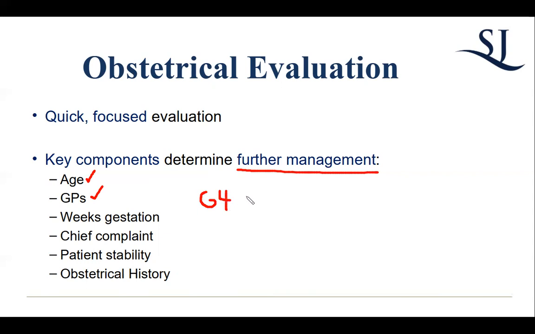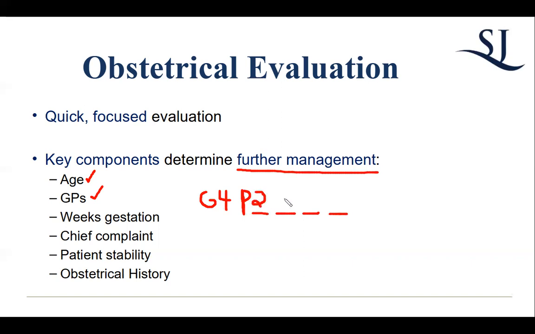You've been pregnant 4 times, and then you're going to say G4P, and then there are 4 spaces. What's this one? Live births. Yep. So say this will be a 2.